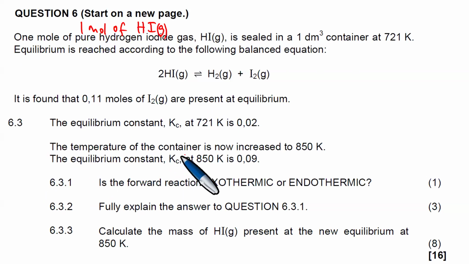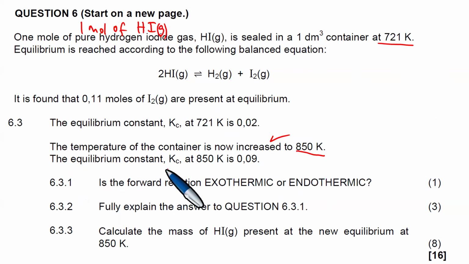The temperature of the container is now increased. We change the temperature, and we've just said temperature is the only thing that changes the Kc value. But now the examiner increases it to 850 Kelvin from 720 Kelvin, the initial temperature.